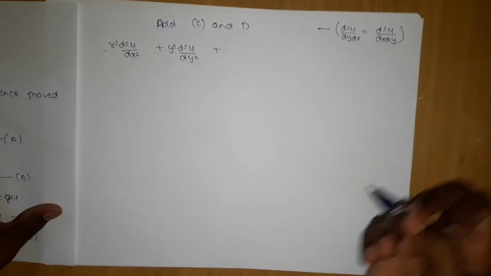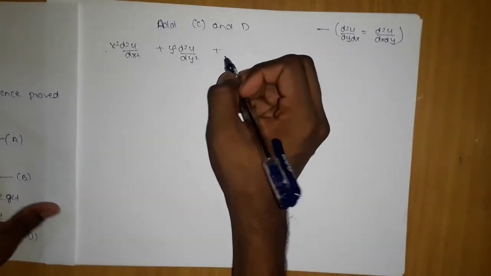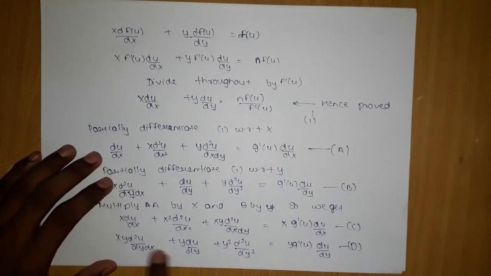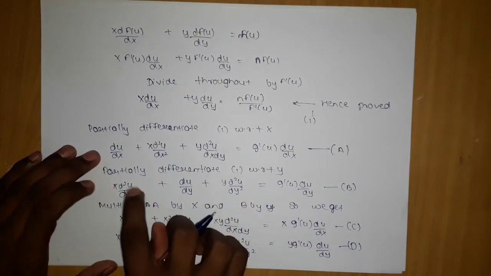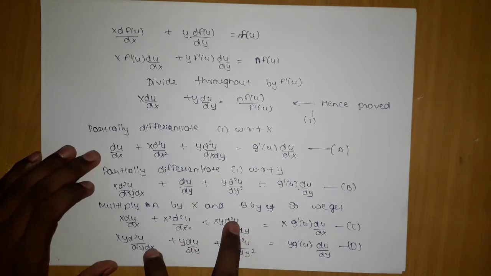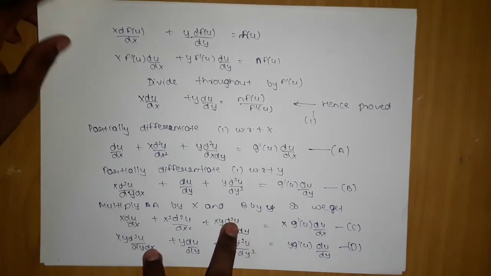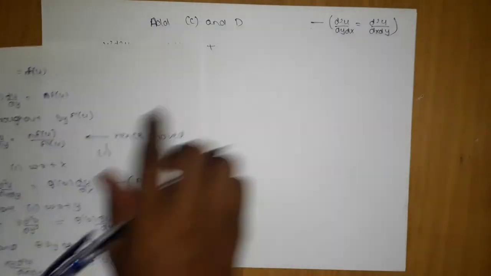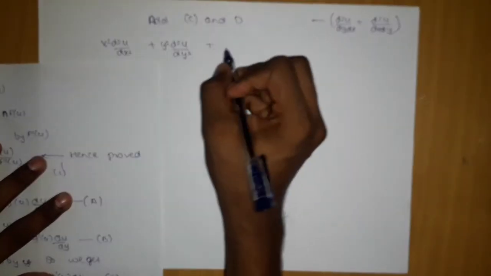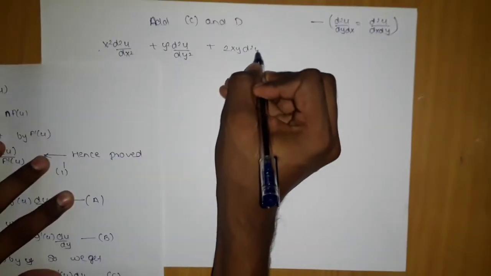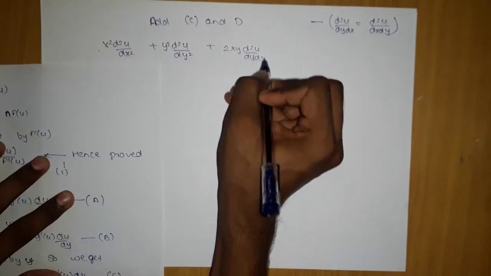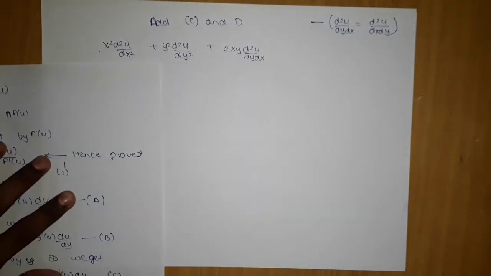This property you should know. Since they both are equal, this one and this one, they add on and become twice. By using this property you can mention it in the reason: 2xy ∂²u/∂y∂x. You can write it ∂x∂y, it's up to you.